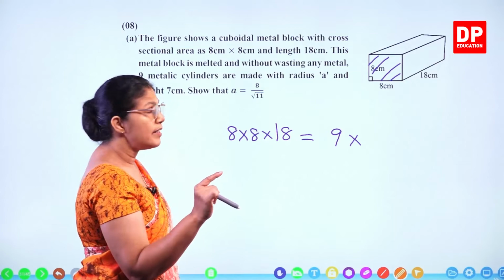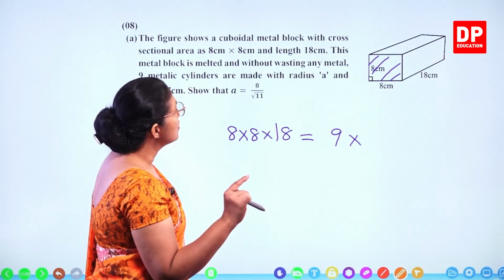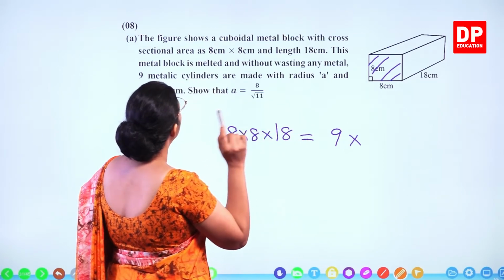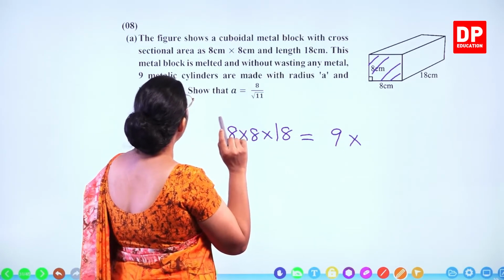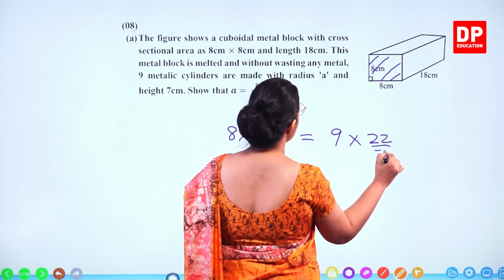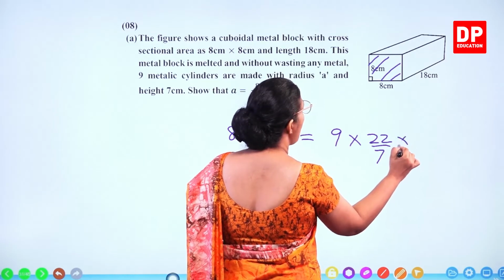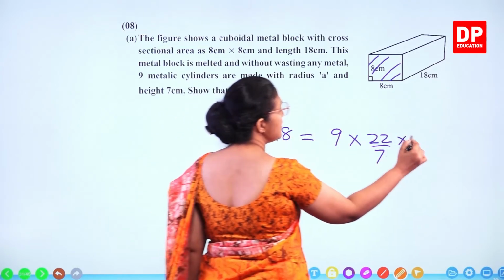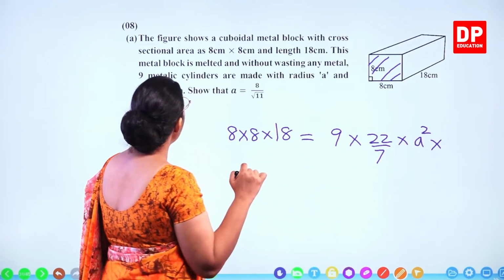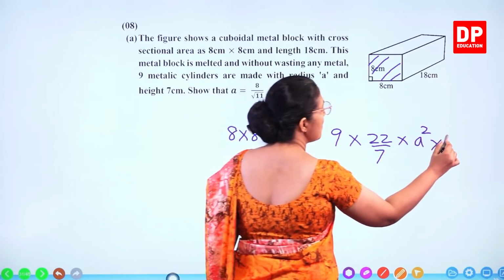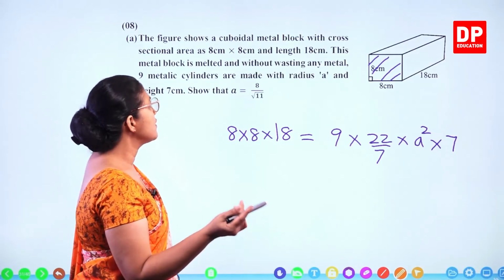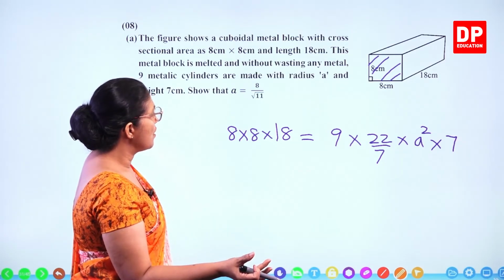Pi r squared h is the volume. But we know 9 metallic cylinders, pi that's 22/7, r squared, the radius is a here, a squared, and height 7. h is 7. So you can equate the two volumes because there's no wastage.